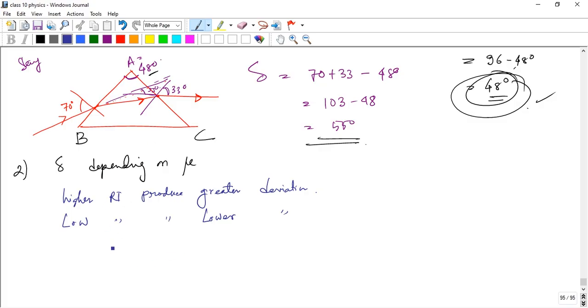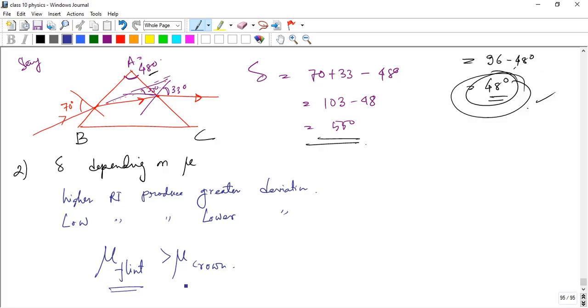Suppose an example: mu of flint glass is much greater than mu of crown glass. So flint glass produces a greater deviation than crown.